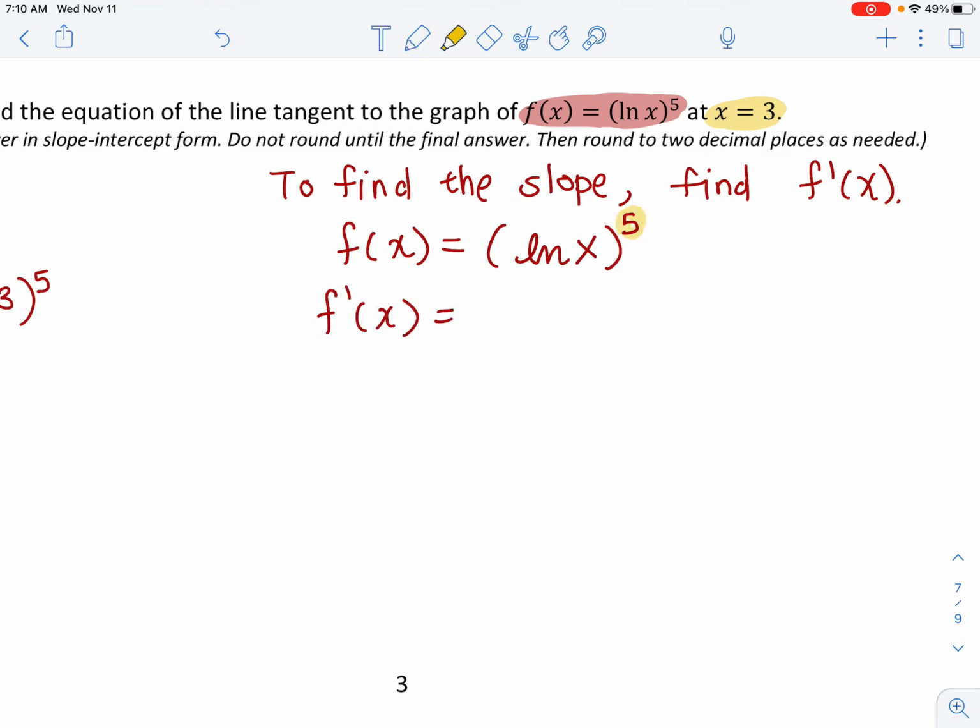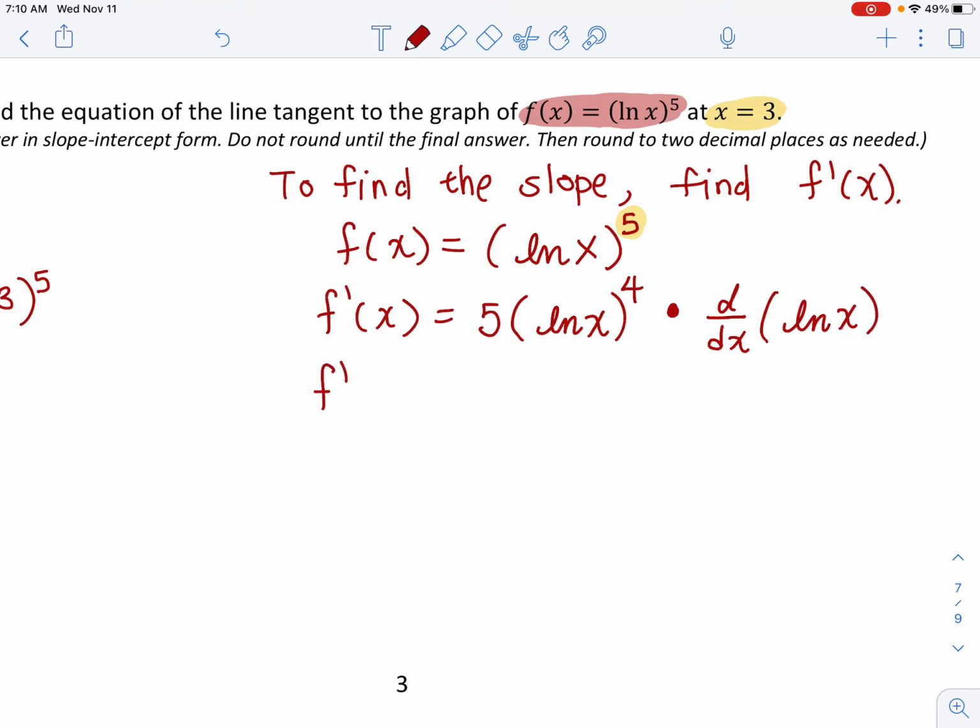So using the outside function, I'm going to apply the power rule, bring down this exponent of 5 in front, and have 5 times natural log of x, and the new power is now 4, went down 1. Now I need to multiply this by the derivative of the inside function, which is natural log of x.